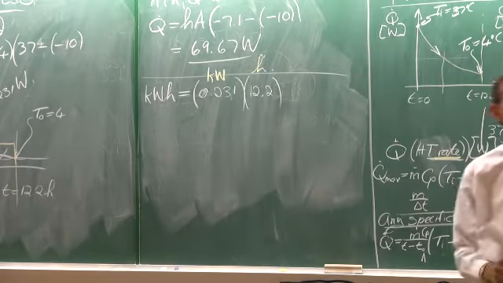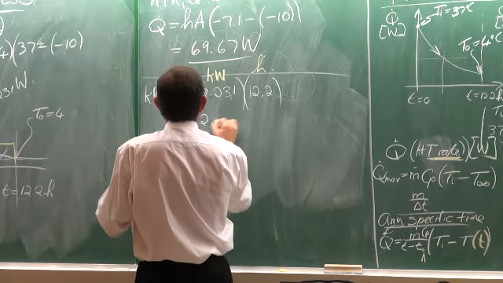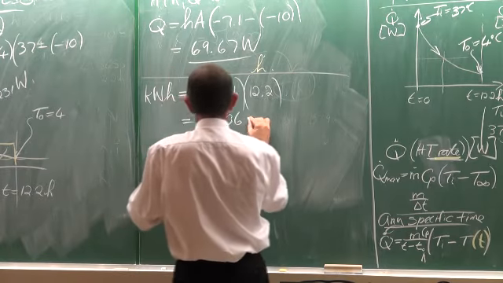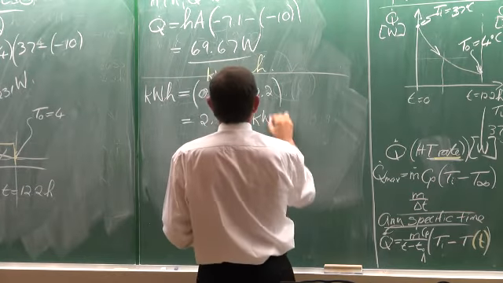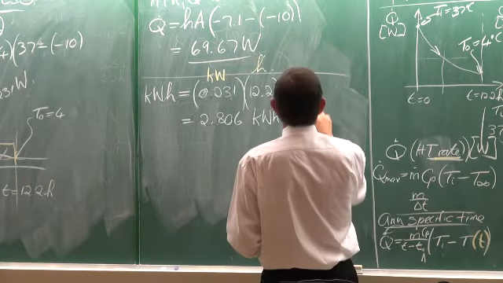Okay. So the kilowatt hours which is being removed out of the body is 2.086 kilowatt hours, which is removed.